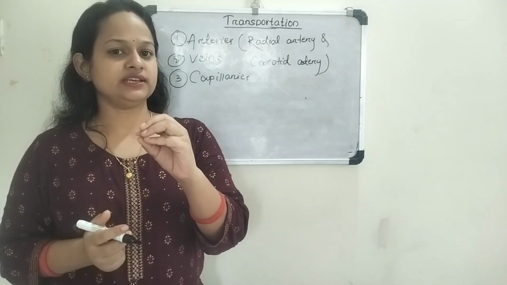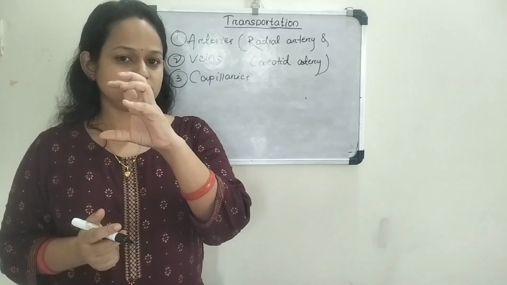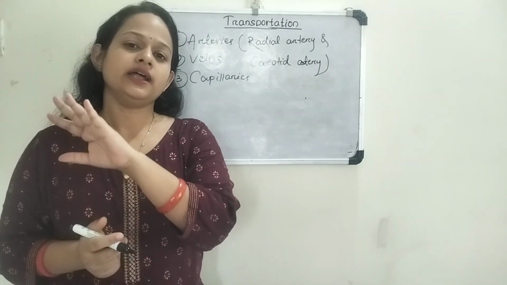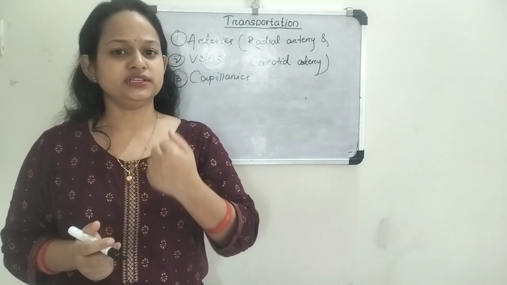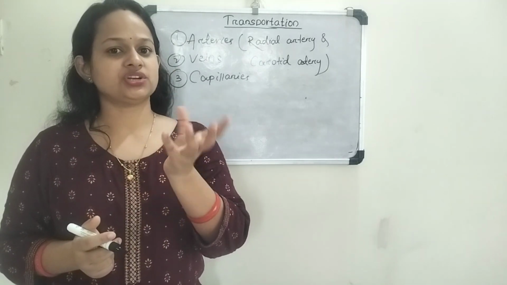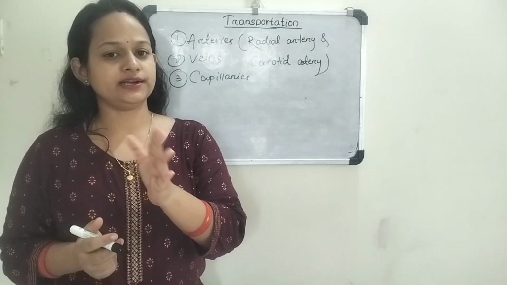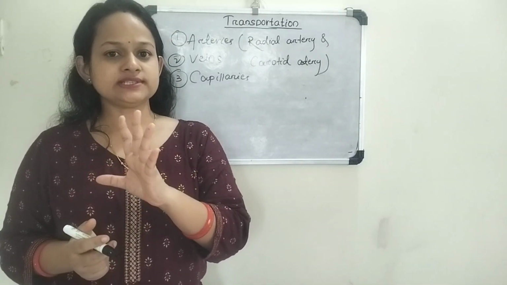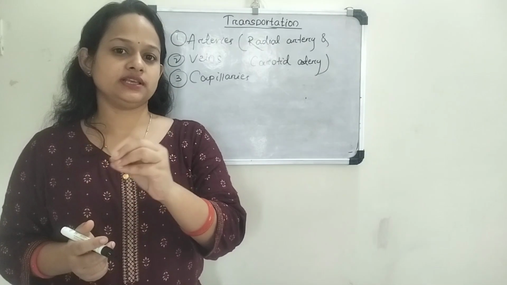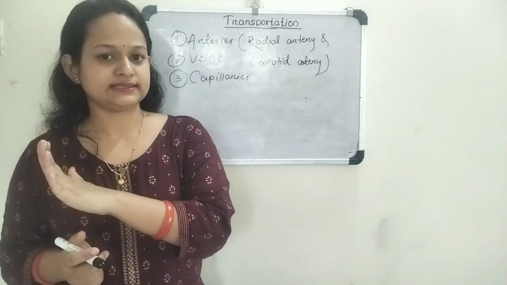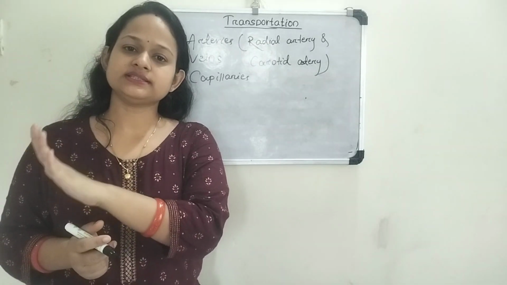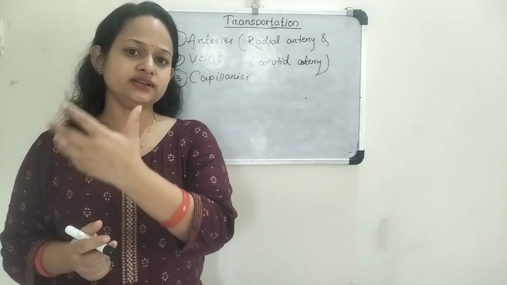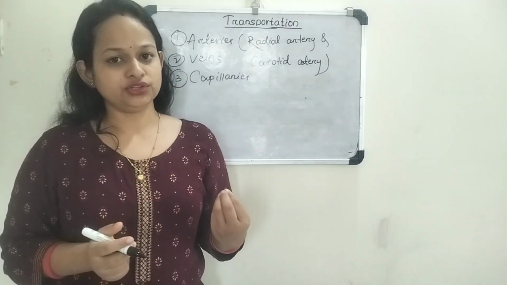The capillaries give oxygen and liquids to the cells, and bring back waste and carbon dioxide from the cells, which return to the venules. The venules unite to form the veins, and the veins carry the substances and blood back to the heart.